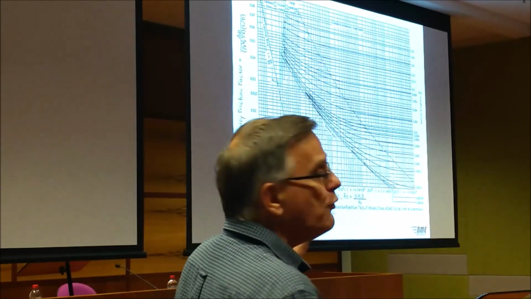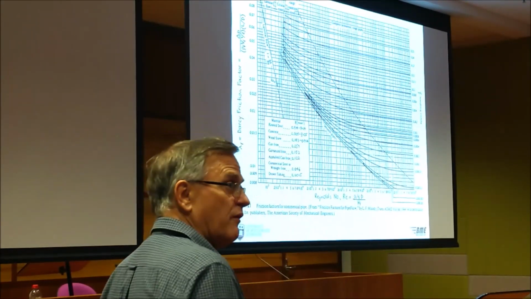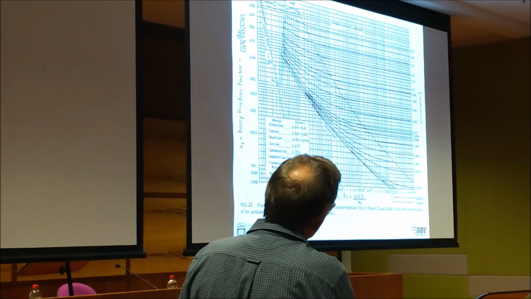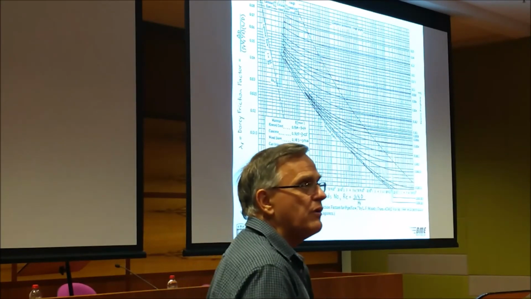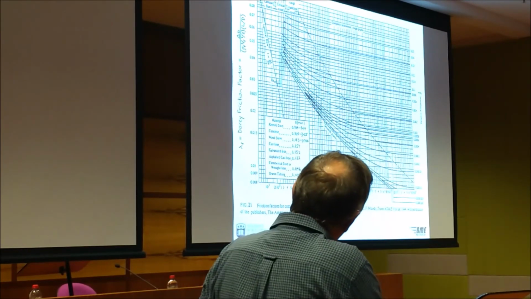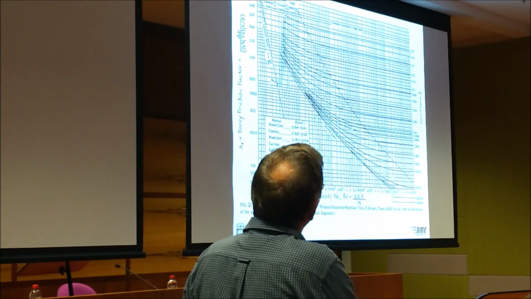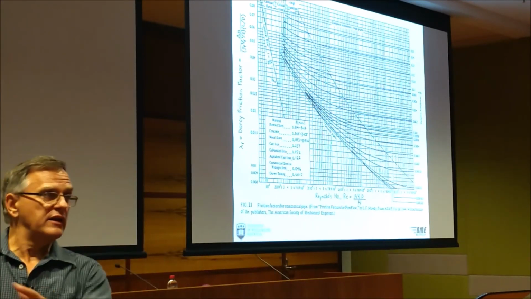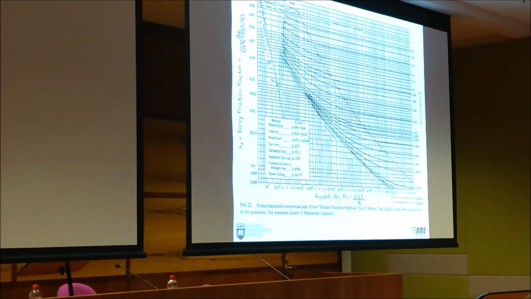It generally varies from 0.015 to 0.025, because Reynolds numbers are usually in a particular range, and the roughness is in a particular range for commercial piping. You'll find the average is about 0.02. So you can calculate that every time. And we've got a little example to go through.